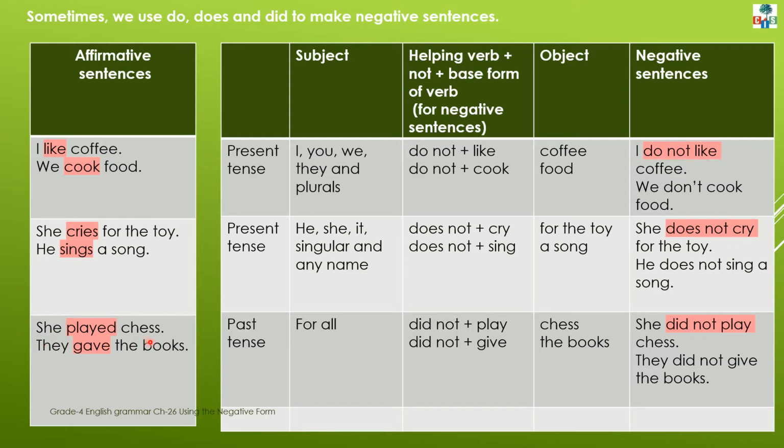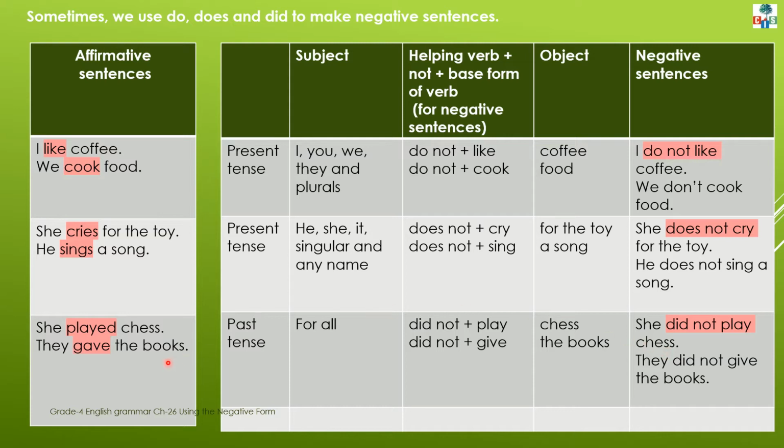Now look at these examples. She played chess. In this example also no helping verb is used. So what do you have to identify first? Verb. What is the verb? Played. And played is in past tense. When I change this affirmative sentence into negative, it would be like this. She did not play chess.